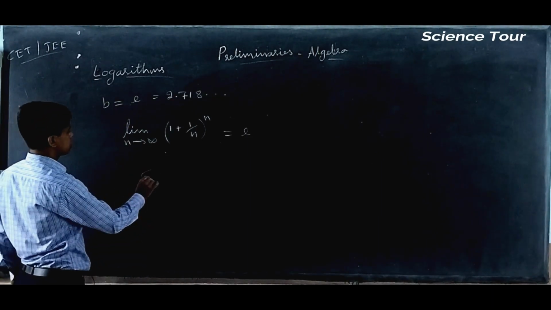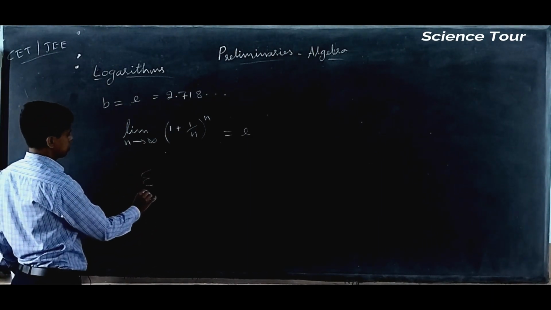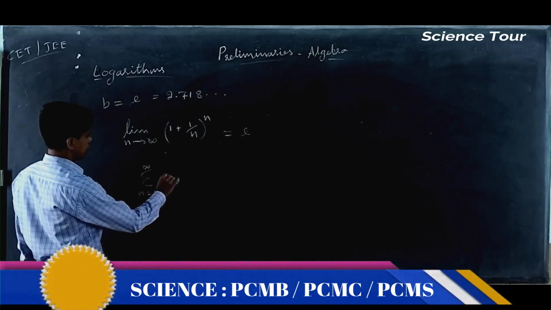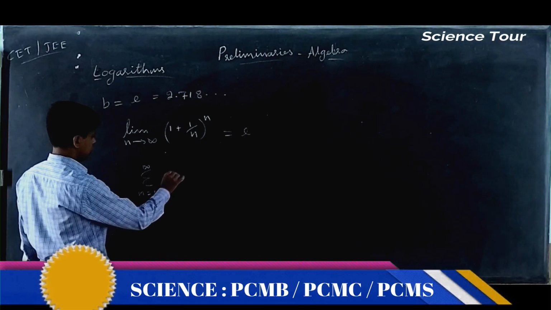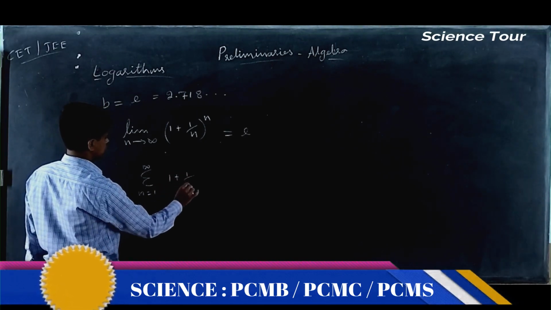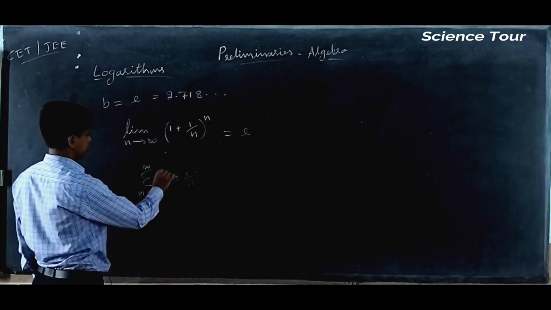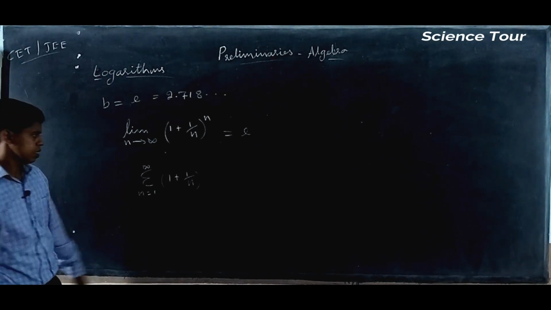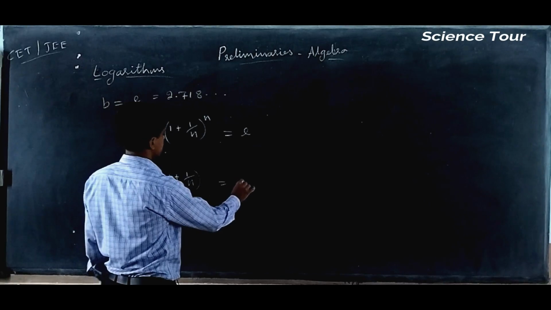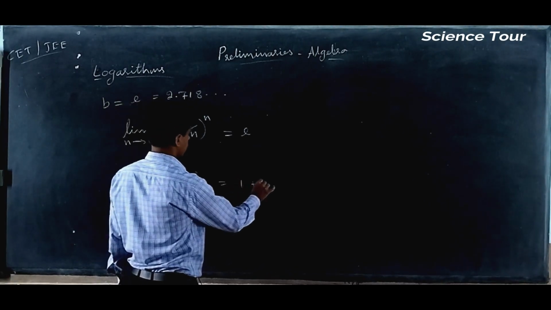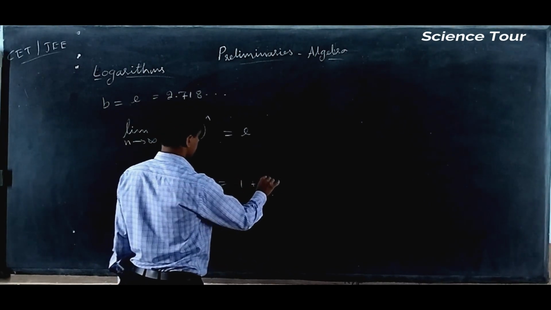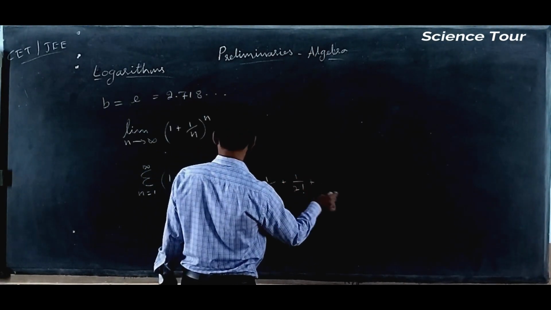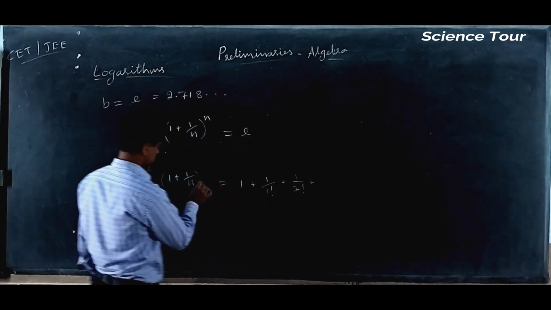The second explanation, you have summation n is equal to 1 to infinity, 1 by n factorial. So when it goes to infinity, you will have E. That means 1 by 1 factorial, and then 1 by 2 factorial, and so on, 1 by n factorial.